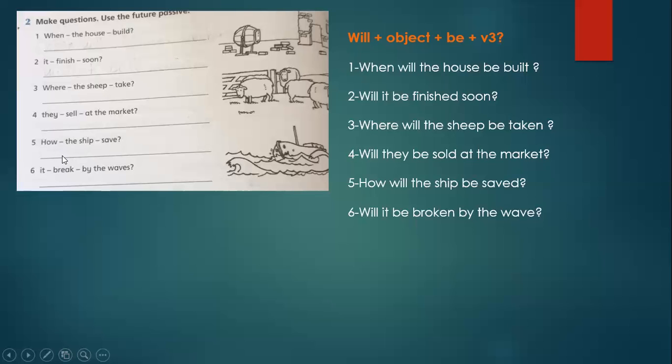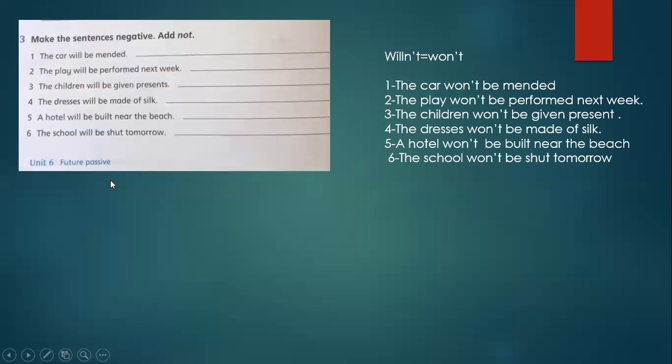So how will the ship be saved? Here, we don't have a question word, so we put will. The object it: will it be broken by the wave?